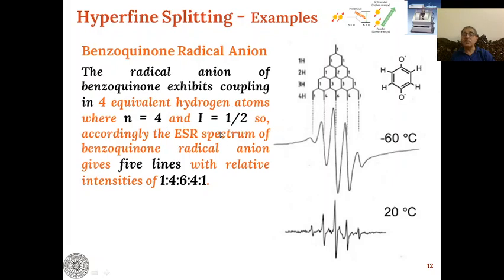So the first splitting was due to electron spin only, and the second splitting is due to electron spin as well as nuclear spin interactions. So when electron spin and nuclear spin interactions take place, then splitting of the ESR signal will further take place. So first one energy level will be split into two, then two will be further split into four energy levels.